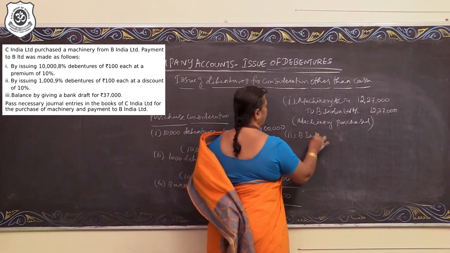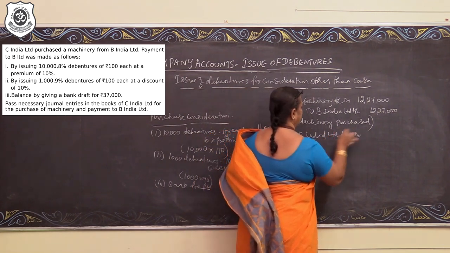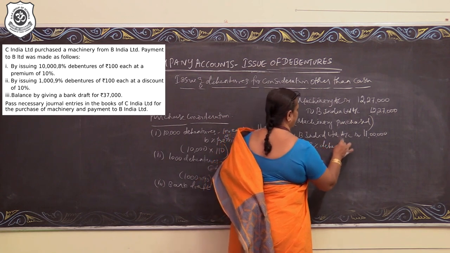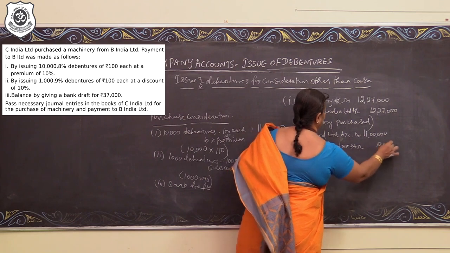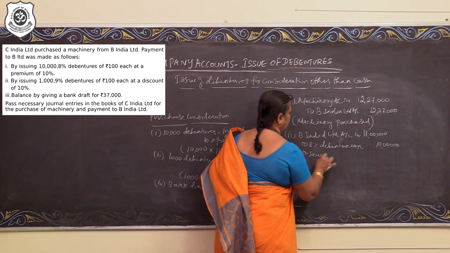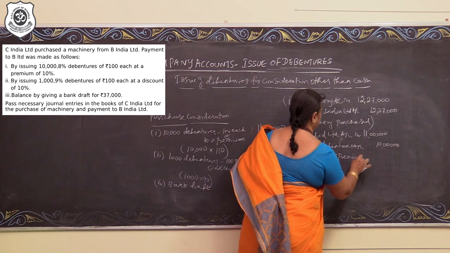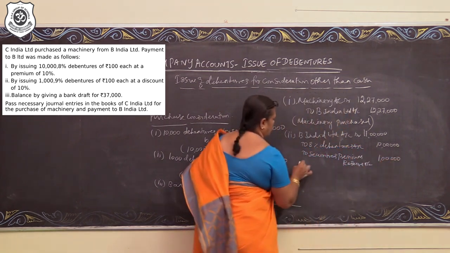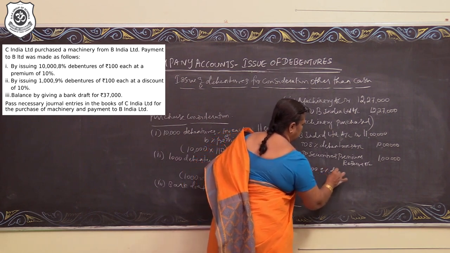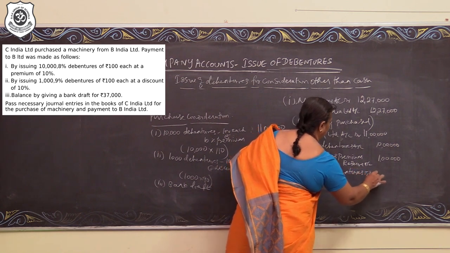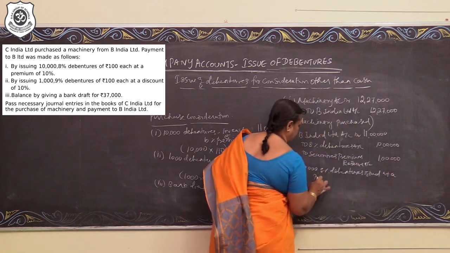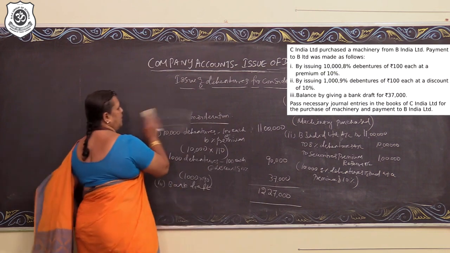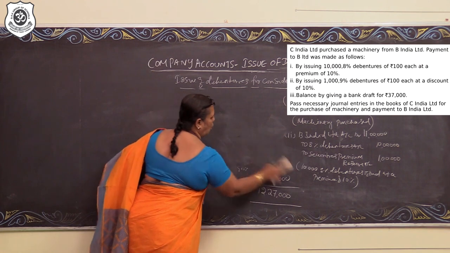So, B India Limited account debit 11 lakhs to 8% debentures account 10 lakhs to securities premium reserve account one lakh. 10,000 8% debentures issued at a premium of 10%.